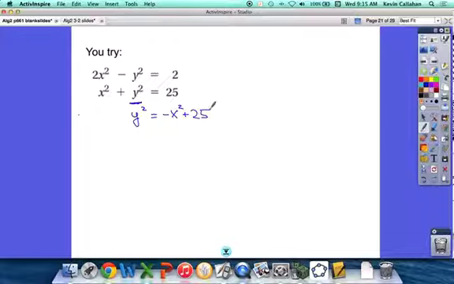And if you've solved for y squared, what are you going to do with it? Right, that's the y squared. What do you do with this expression? You put it there. You put it in the place of the y squared in the other equation.